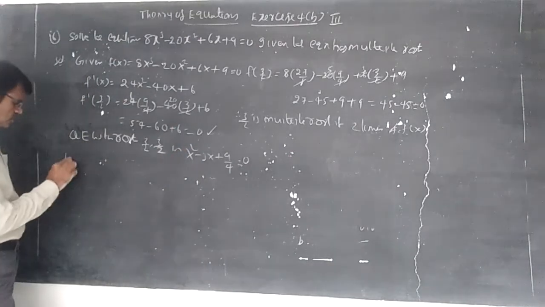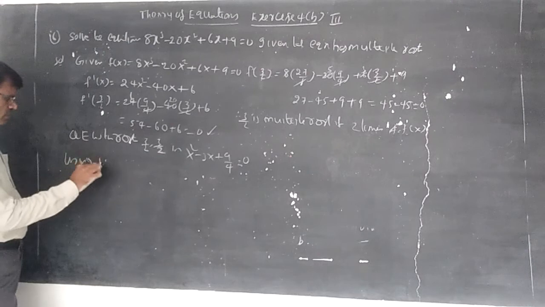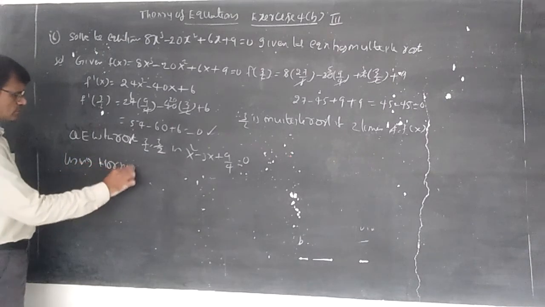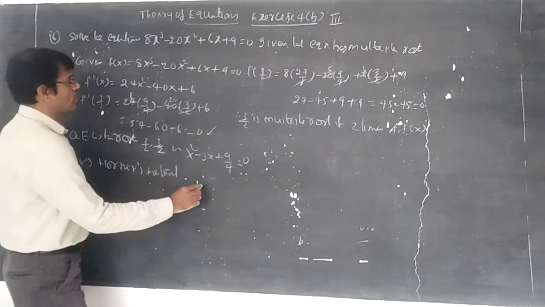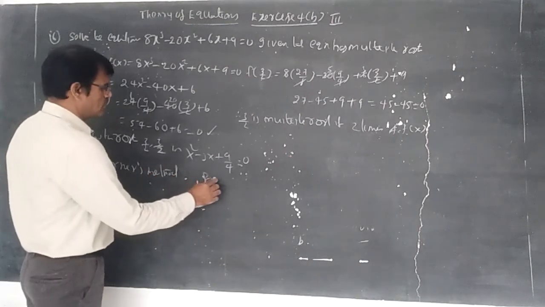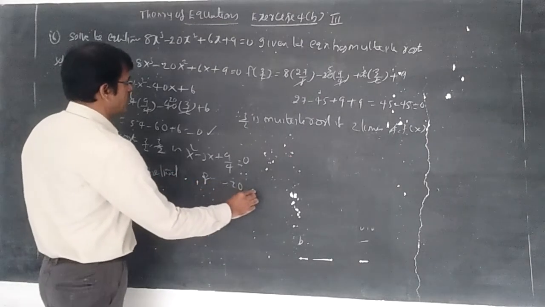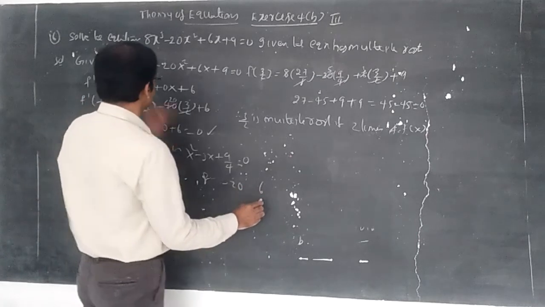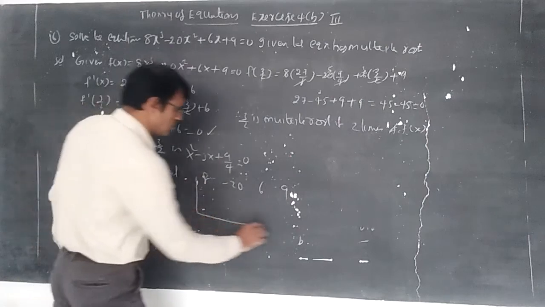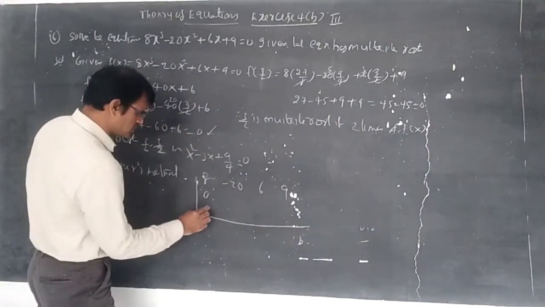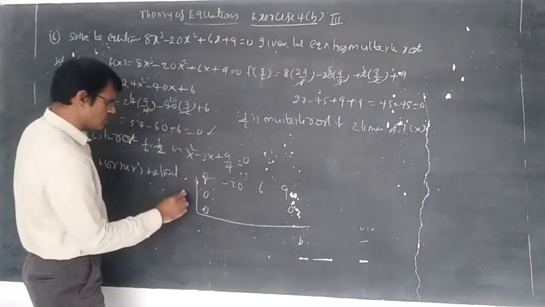Using synthetic division, the coefficients are 8, minus 20, 6 and 9.